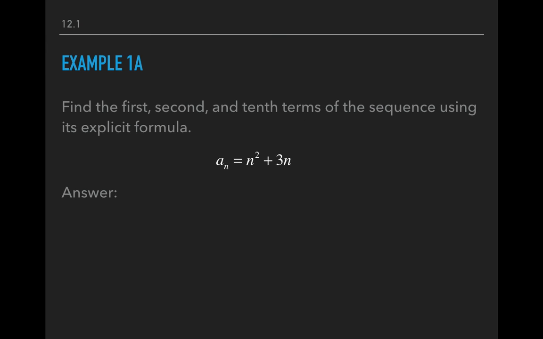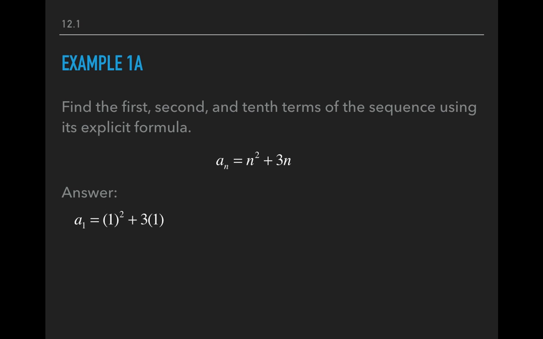Let's look at this example together. We want to find the first, the second, and the 10th term in the sequence using this particular formula. Our formula is A sub n equals n squared plus 3n. Now this is pretty easy to do, just plug in the position number.